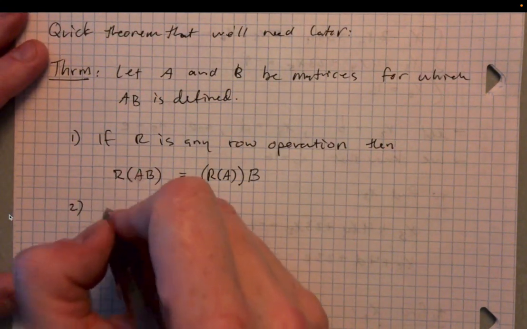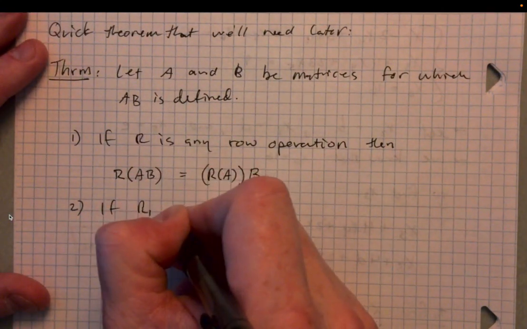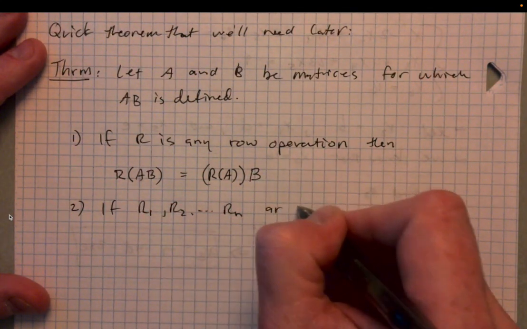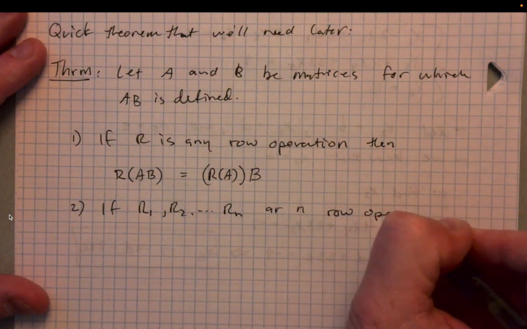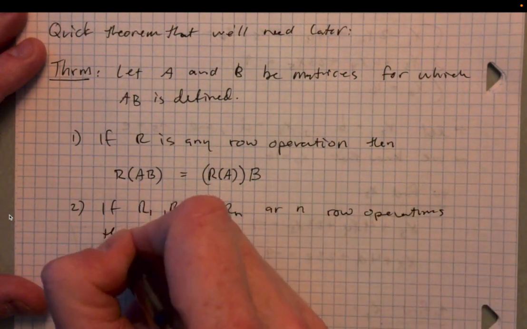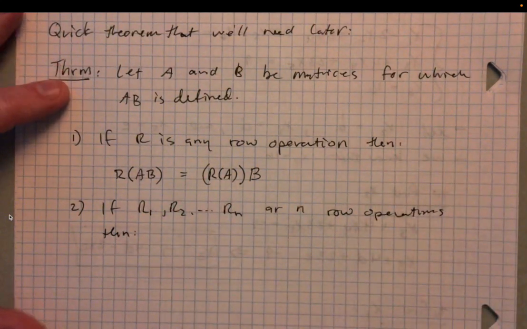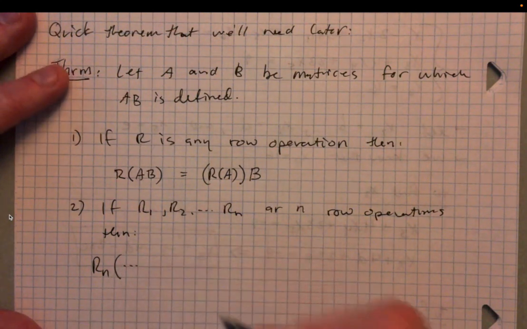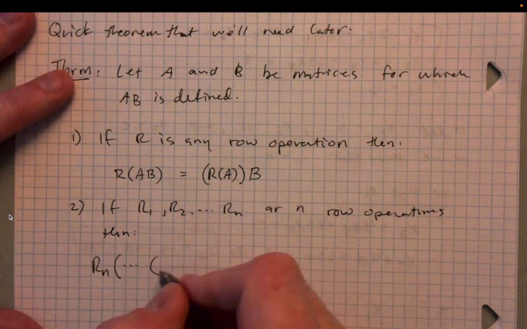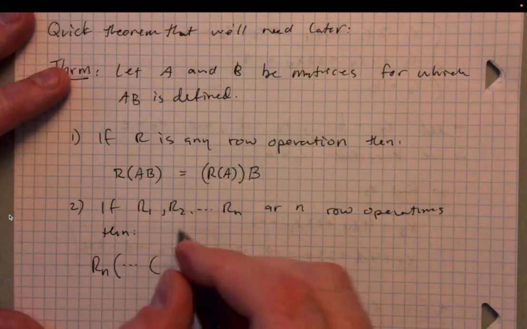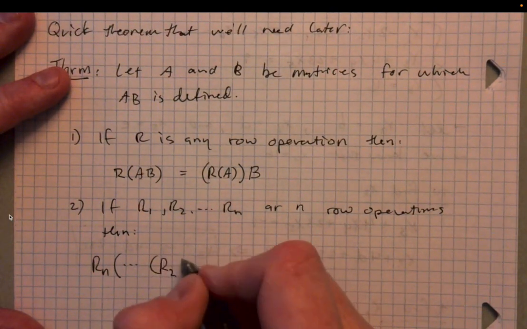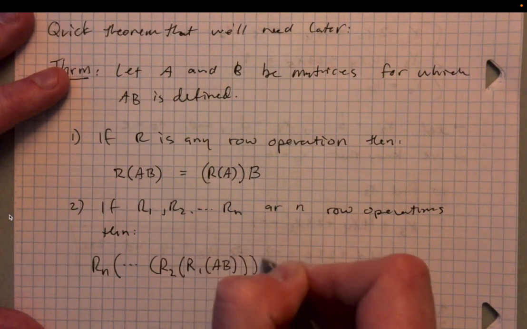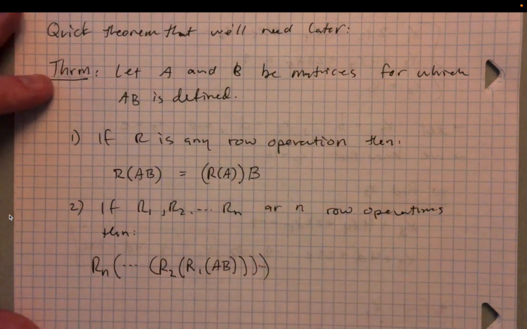So if R1, R2, ... Rn are n row operations, then basically Rn, the nth row operation performed on the n-1 row operation, performed on the ... second row operation, performed on the first row operation, all of AB, right?